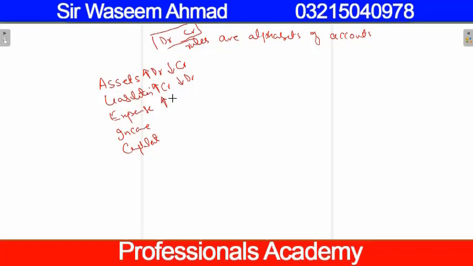Increase in expense will be recorded as debit, and decrease in expense will be recorded as credit. Increase in income will be recorded as credit, and decrease in income will be recorded as debit, and increase in capital will be recorded as credit, and decrease in capital will be recorded as debit. So these are the basic principles to record a transaction.